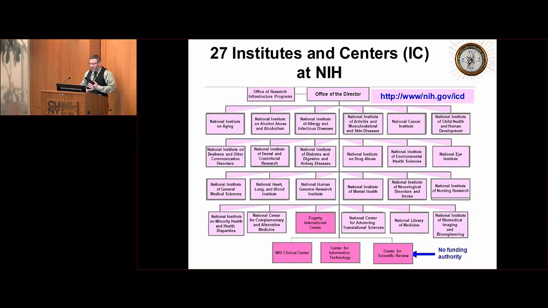So keep in mind, as I said earlier, there are any number of funding opportunities that welcome international collaboration. The titles do not have to say international in them. There are plenty of ICs, institutes and centers, that do want you to work across the world with partnering institutions.